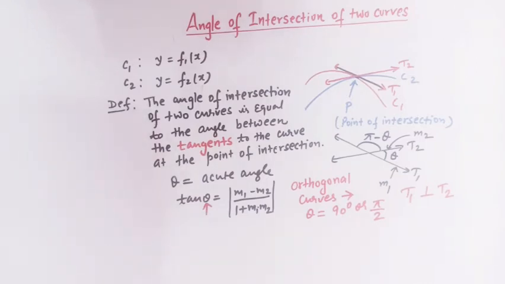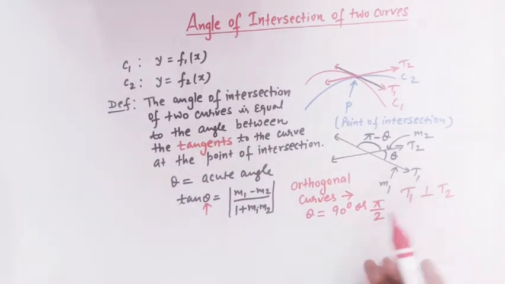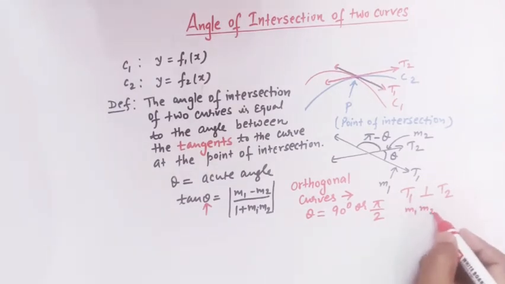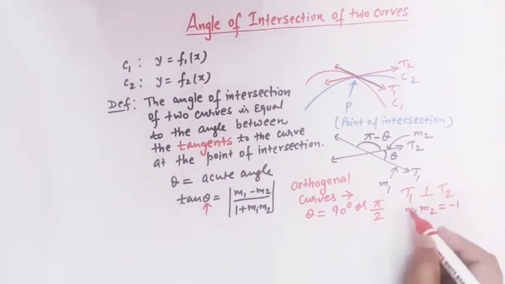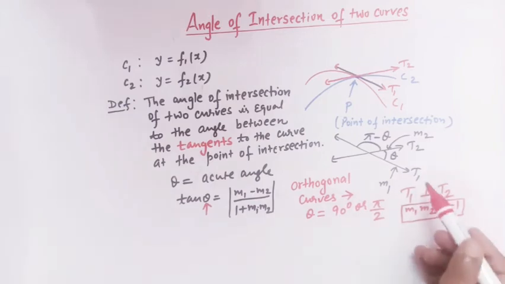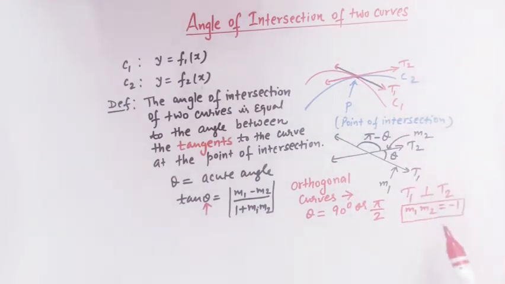And the condition for the two curves to be orthogonal is m1 times m2 should be equal to minus 1, right? So the product of the slopes of the two tangents at the point of intersection to the two curves should be equal to minus 1.